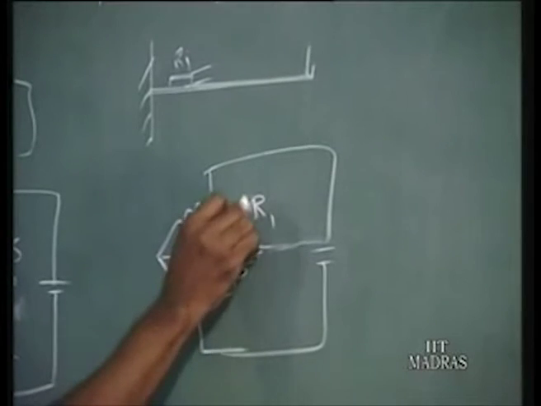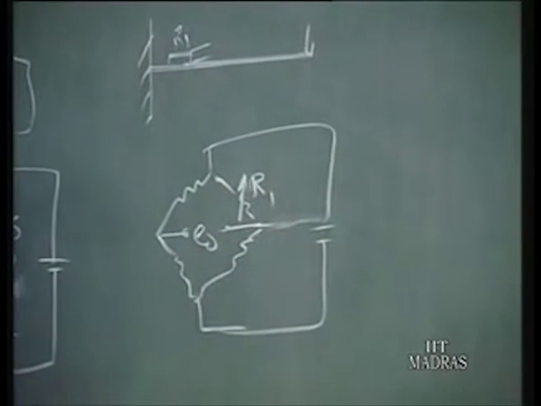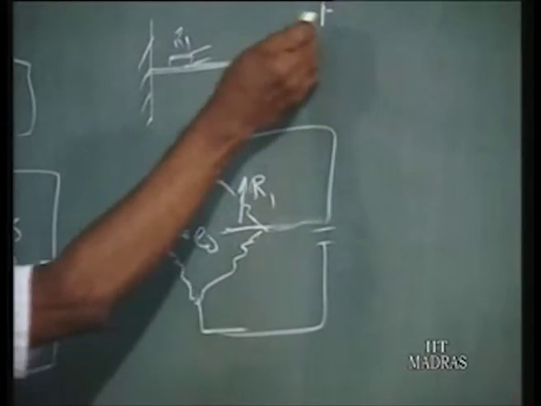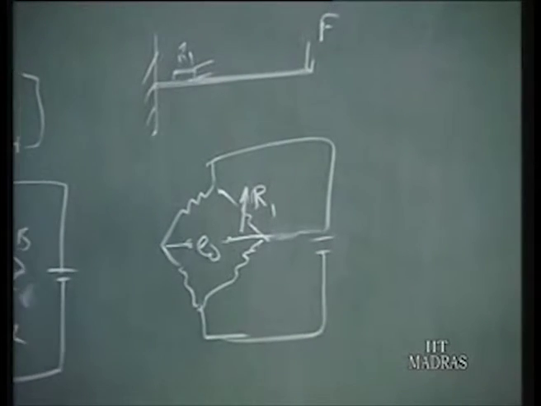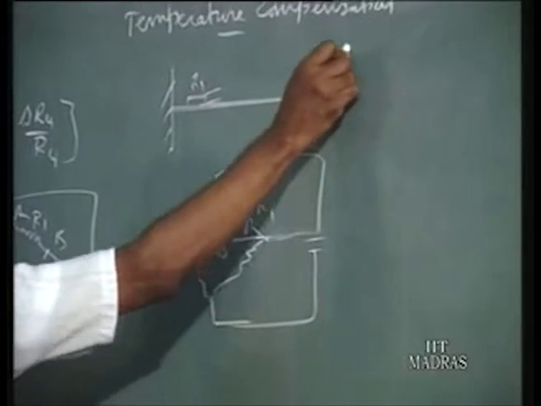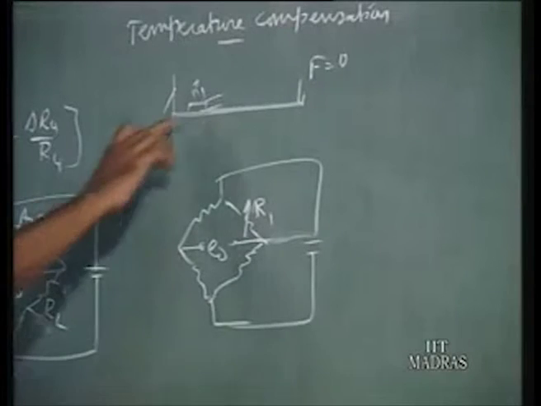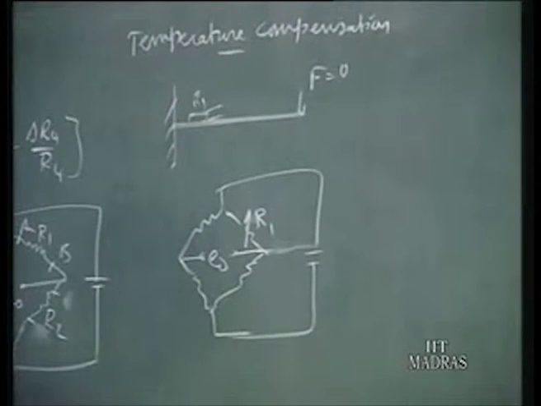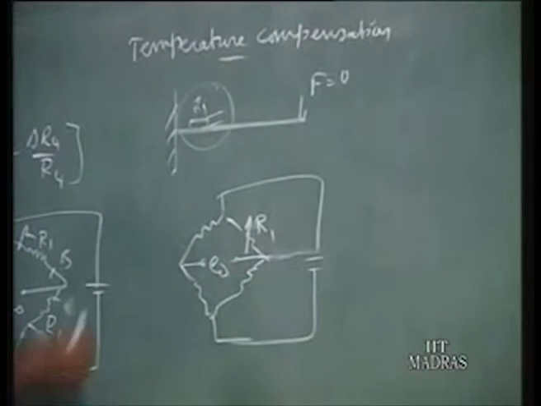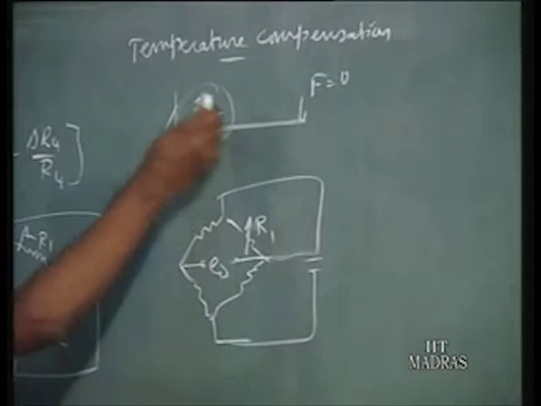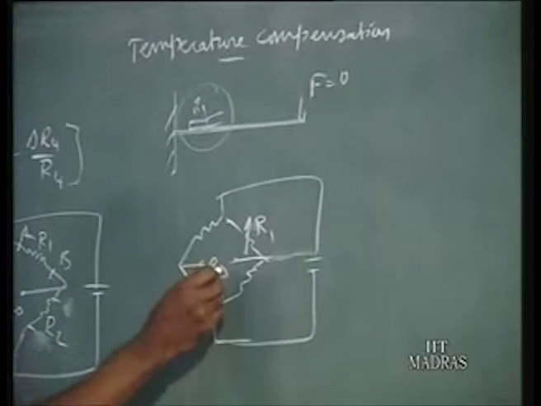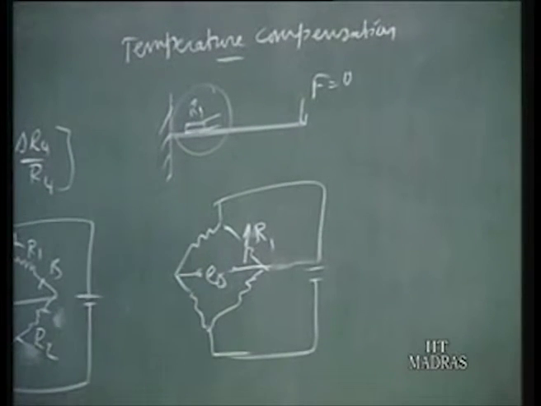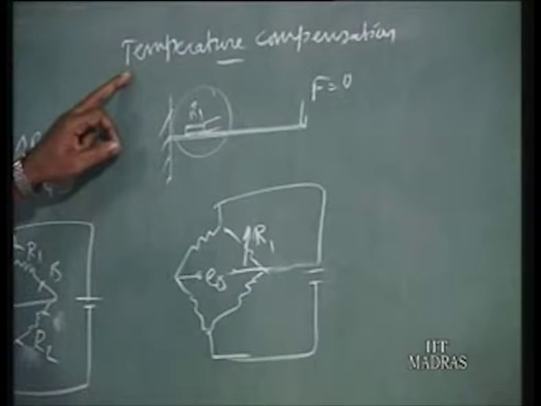Now R1 will change when we change the input signal F. Also, when suppose the input signal is 0, the surrounding temperature increases, say from 20 degrees to 30 degrees. Now we find that due to the temperature change itself we have got some output voltage here. That is called temperature sensitivity or temperature error.